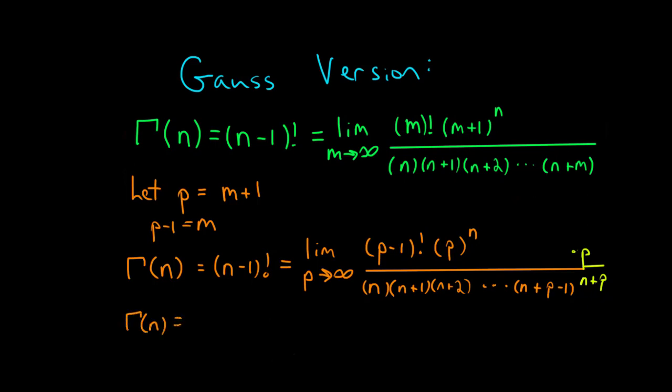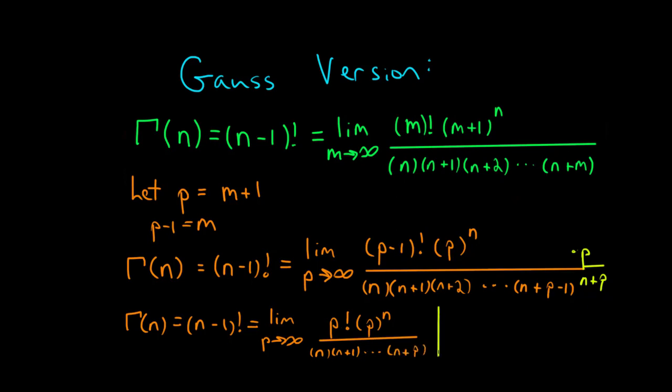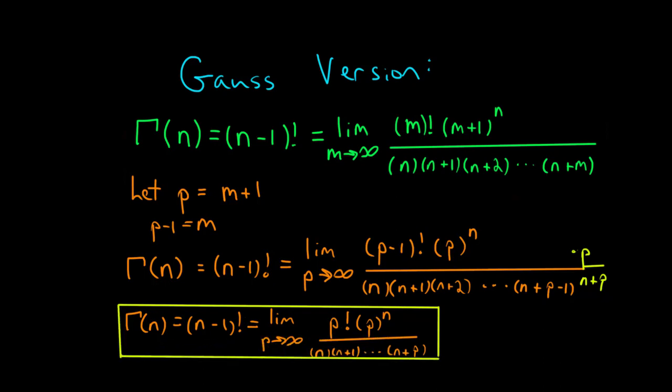So we end up getting gamma of n equals n minus 1 factorial, which equals the limit as p approaches infinity of p times p minus 1 factorial, which is just p factorial, times p to the n over n times n plus 1 all the way up to n plus p. And that's a very quick derivation of the Gauss version of the infinite product formula of the gamma function. I'm just putting that there so if you see it in the literature, it doesn't confuse you.